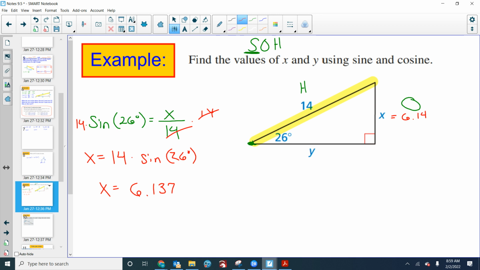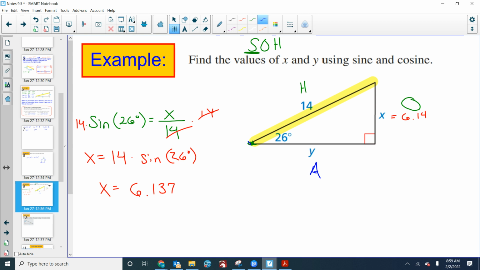Now, I want to find y. I'm still going to put my finger on the 26-degree angle, but this time, y is the adjacent side. Do I want to use the 6.14? Probably not.